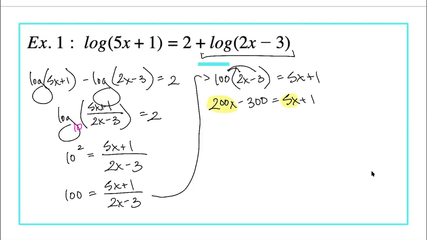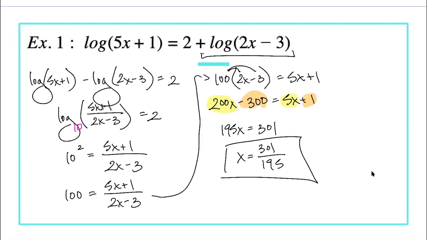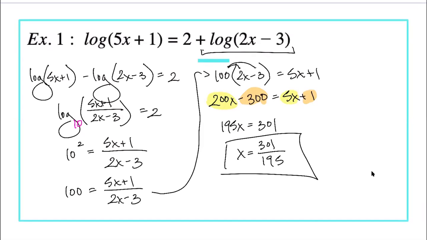Move all the x's to one side, move all the numbers to the other side. So what do we get? 195x equals 301. So x equals 301 over 195. Right? And I'll leave you folks to check that answer, but it should work out when you plug that back into the original equation. All right. How we feeling on these equations so far?